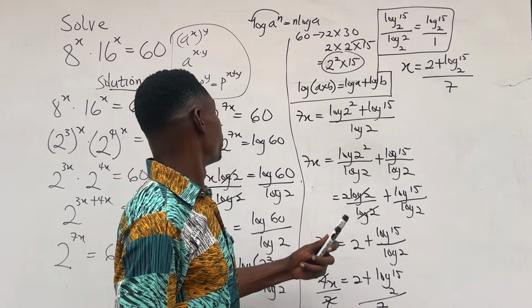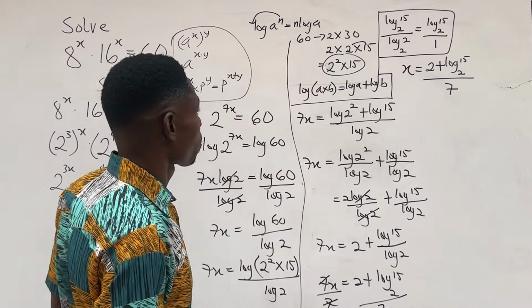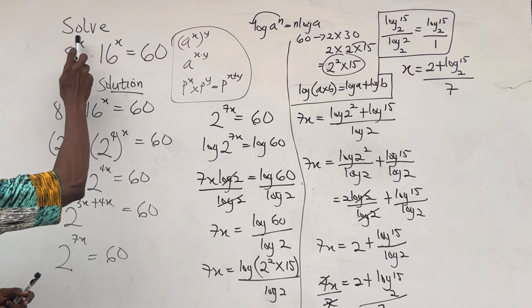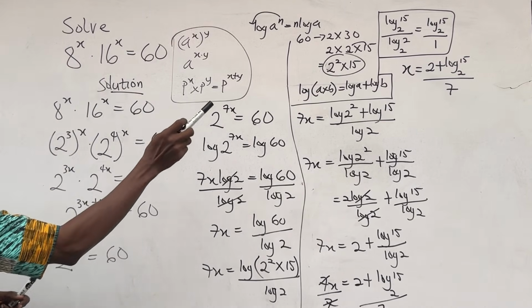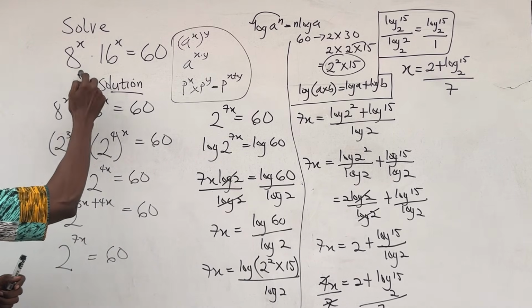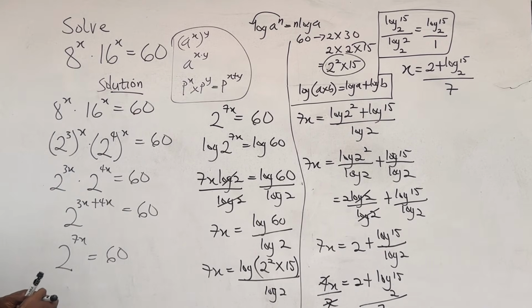But I would like us to do a check quickly. So let's see if we place our x as the power of 8, and the x here again, which is 2 plus log 15 base 2 all over 7. If we place that value of x here, are we going to get 60?